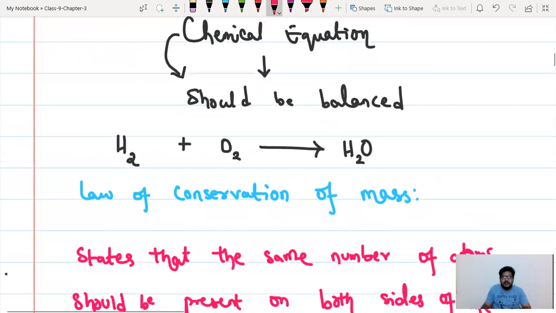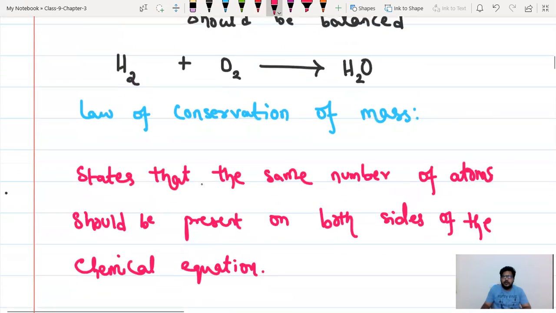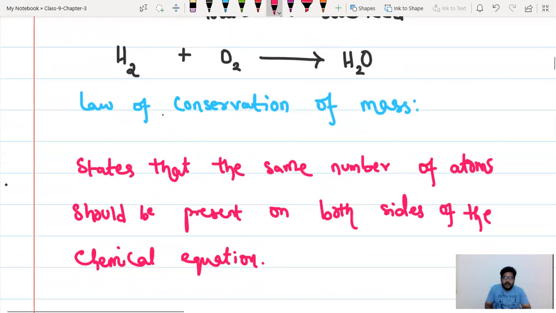For example, we will see this. H2 plus O2 gives rise to H2O. Now, how many hydrogens are there? 2, plus how many oxygens are there? 2. 2 plus 2, 4. Here, how many hydrogens? 2 belongs to hydrogen, so 2 plus how many oxygens?